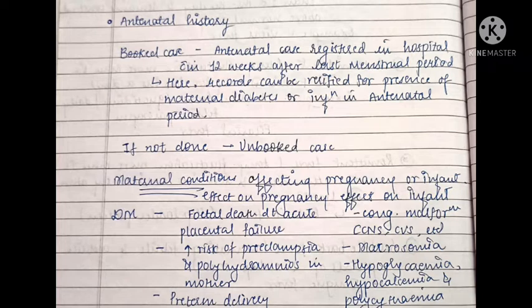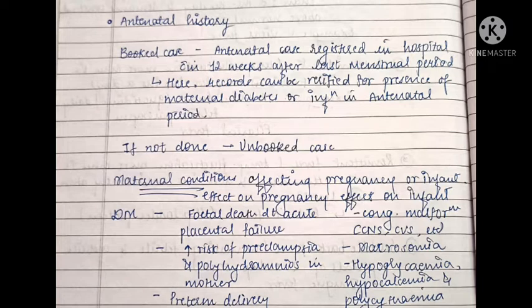Next, they ask maternal conditions that affect the pregnancy or the infant. So, if the mother has diabetes mellitus, the effect on pregnancy can be either fetal death or increased risk of preeclampsia or preterm delivery. Whereas the effect on infant would be congenital malformation, macrosomia.